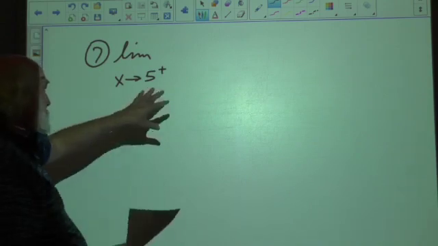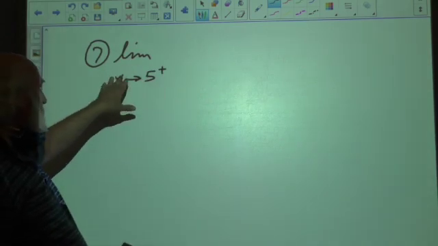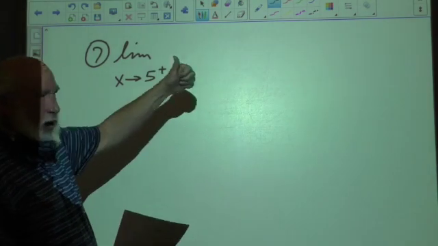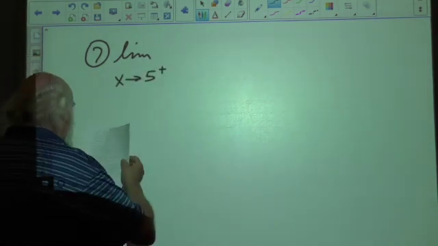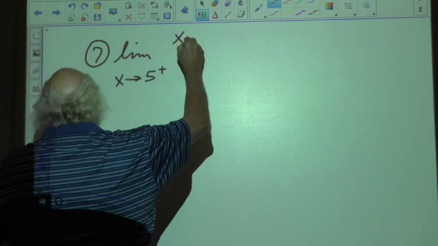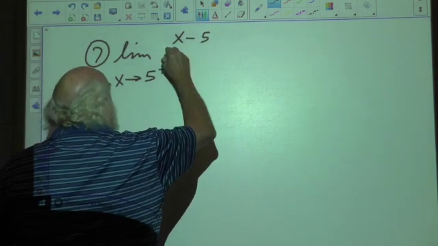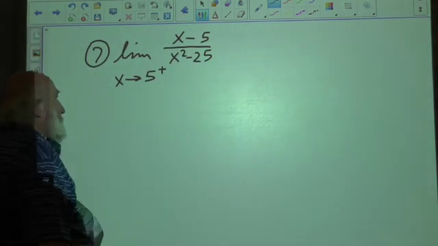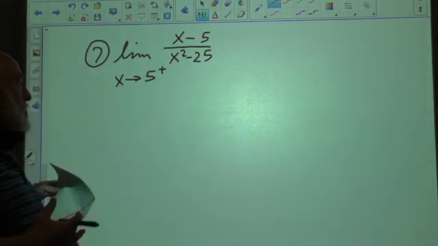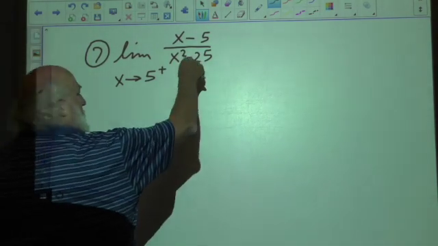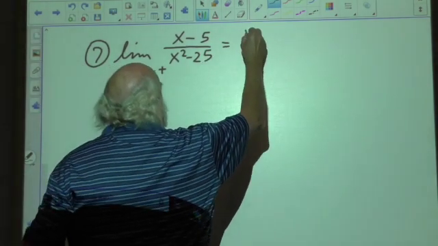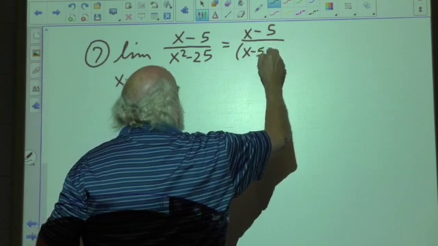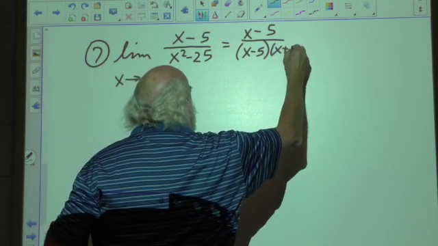So this is not x approaches positive 5, this is 5 approaching from the right going towards the 5. x minus 5 over x squared minus 25. Okay, now, what's the issue with this? Well, when we factor this out right here, this becomes x minus 5 over x minus 5 times x plus 5. That is the difference of squares.